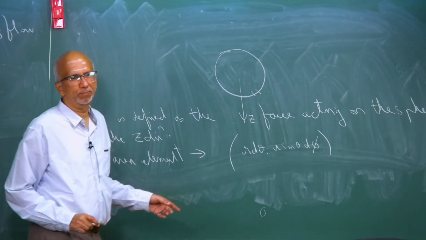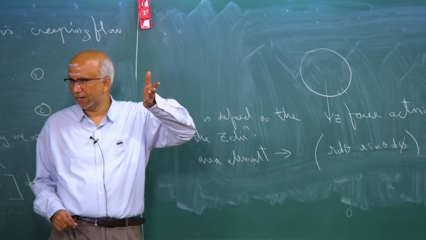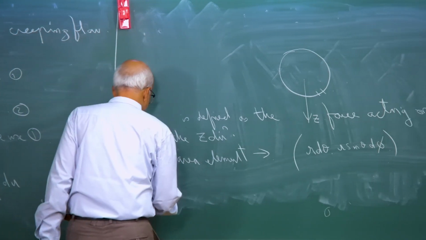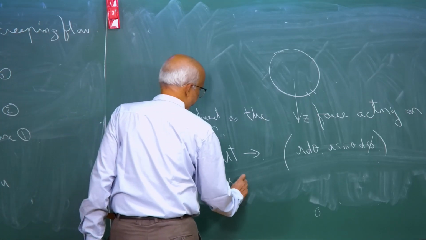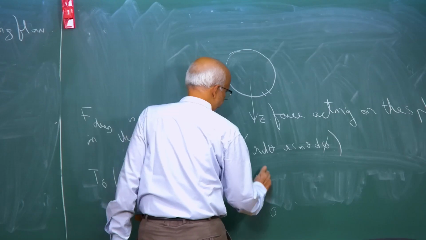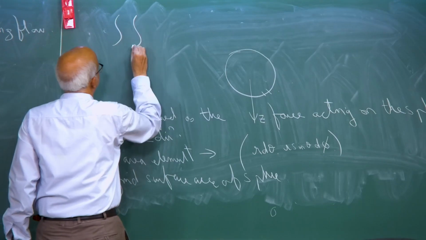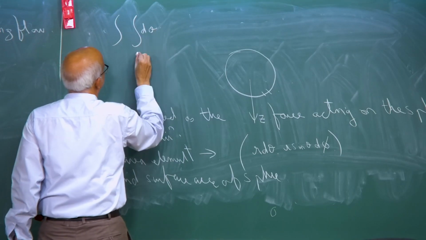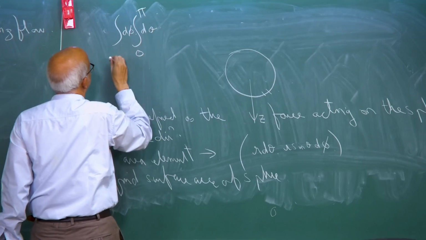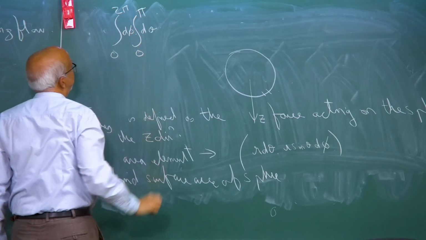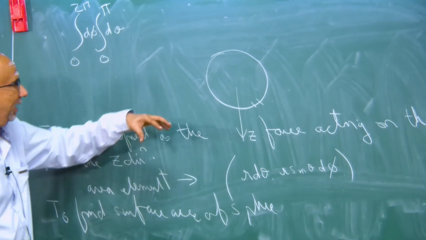One way to check that this area element is right is you can integrate this to find the surface area of the sphere. What would you do? I would just do a double integral, d theta going from 0 to pi and d phi going from 0 to 2 pi, because the extent of theta is from 0 to pi, and r is a, the radius of the sphere.